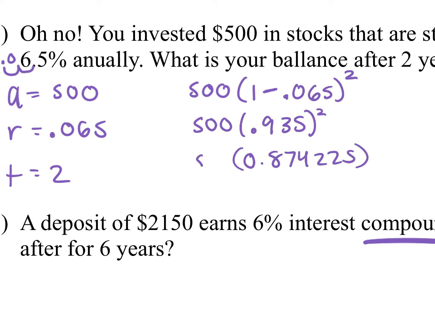And then the last step, multiply by 500. So we get 437.112. But what do I have to round to? Just 1. So 437.11.